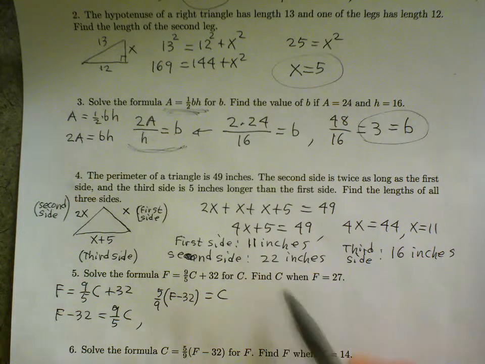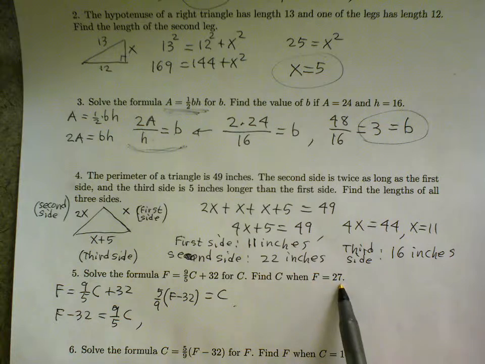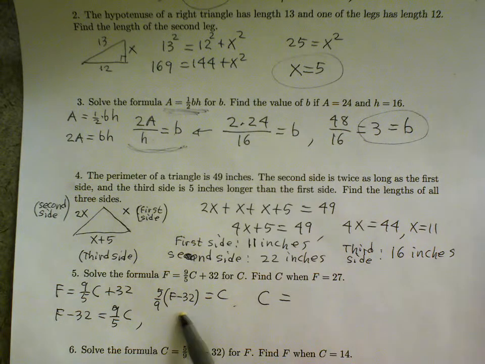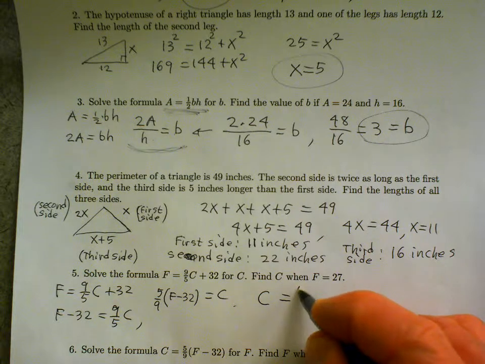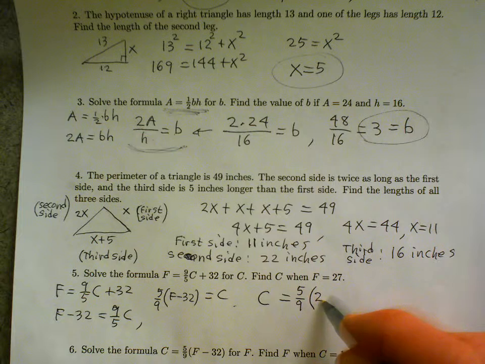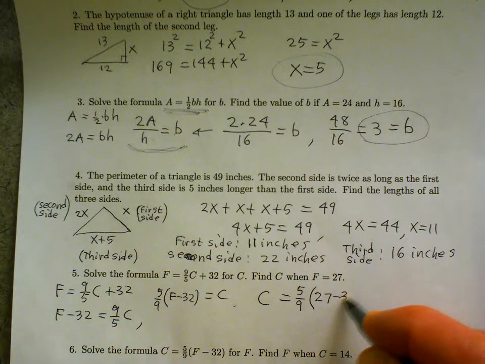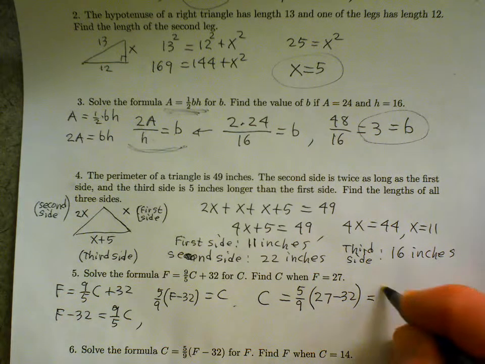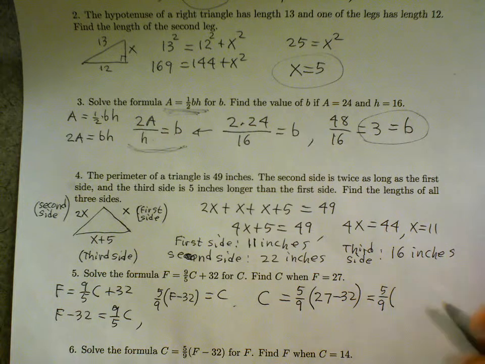And then the second part, find the value of C when the value of F is 27. So using this formula, we can replace F with 27. So C is equal to 5/9 times 27 minus 32. 27 minus 32 is -5, so we get 5/9 times -5.